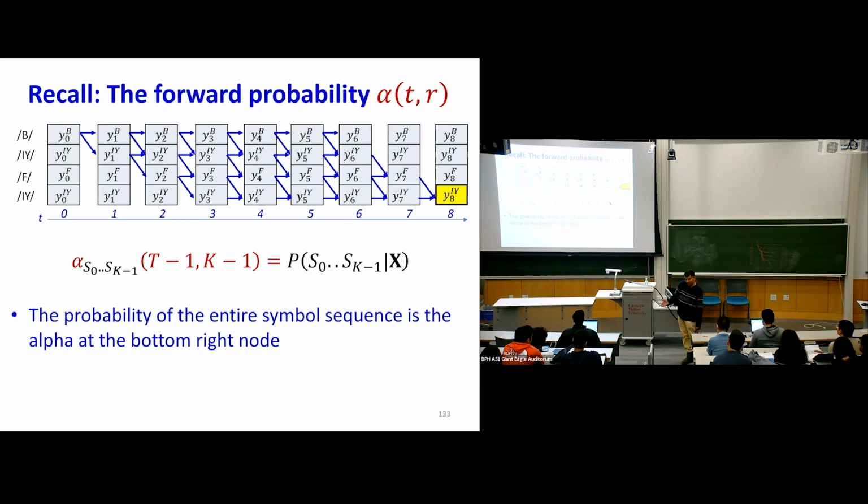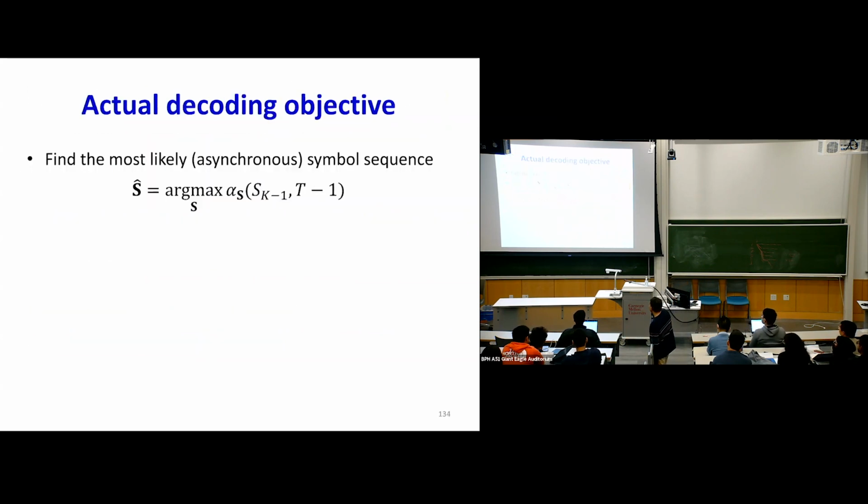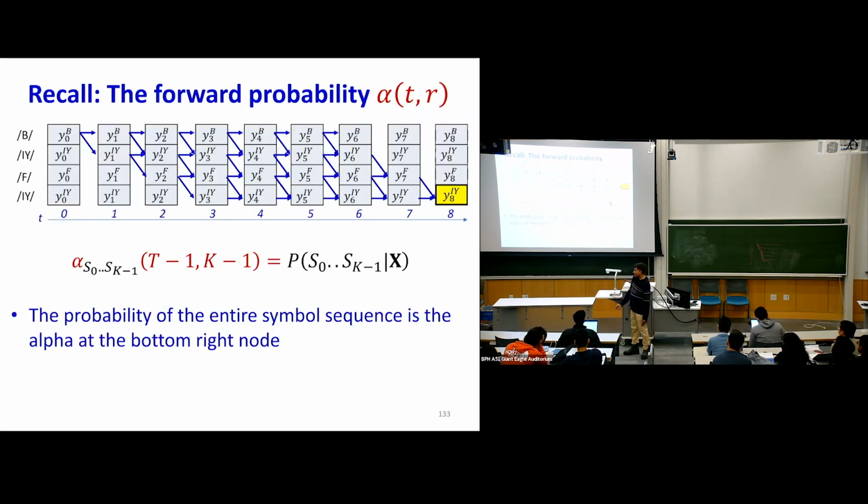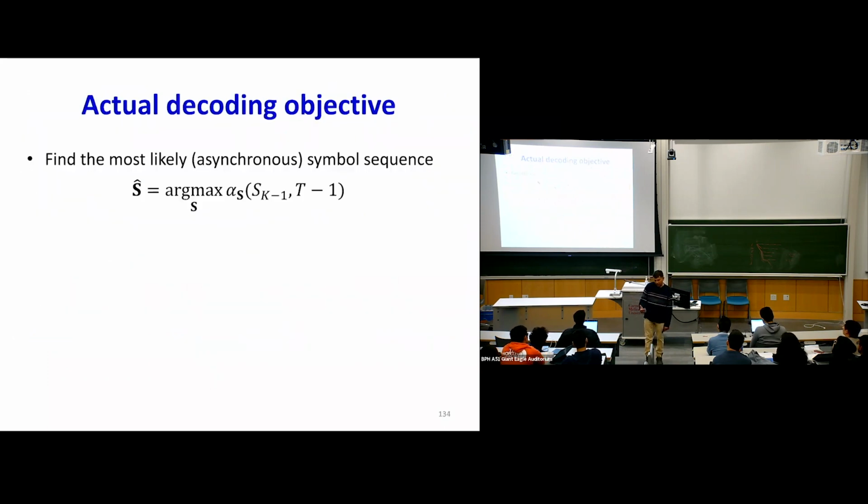Some of you will know this stuff, the rest of you would have slept through this portion of the lecture, but this gives us our engineering solution. We want to find the most likely compressed sequence such that the alpha at the bottom right is highest for that compressed sequence, correct?